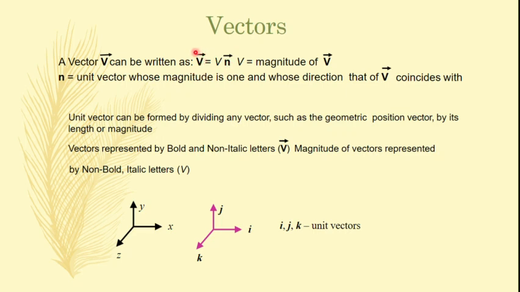Actually, we are representing this v vector by the magnitude of the vector v and the unit vector which defines the direction of the vector. Here it is written that it is the unit vector whose magnitude is 1 and whose direction is that of vector v.